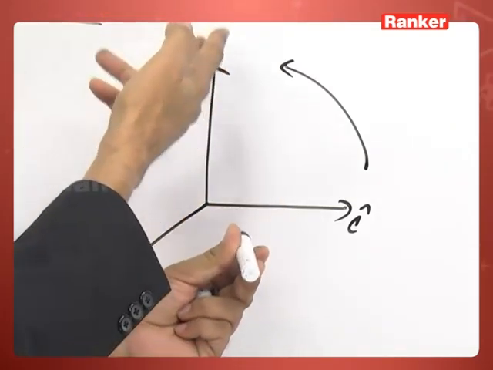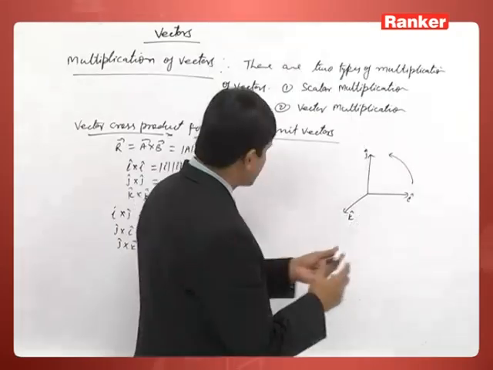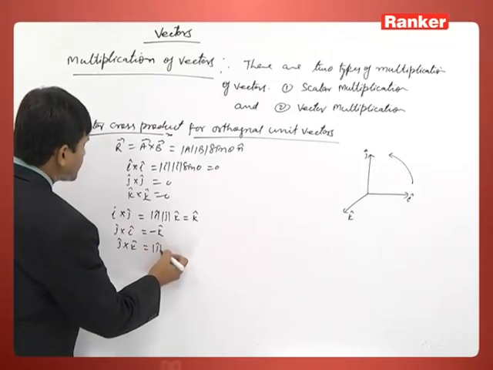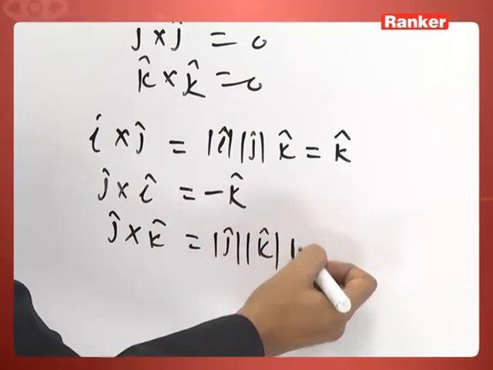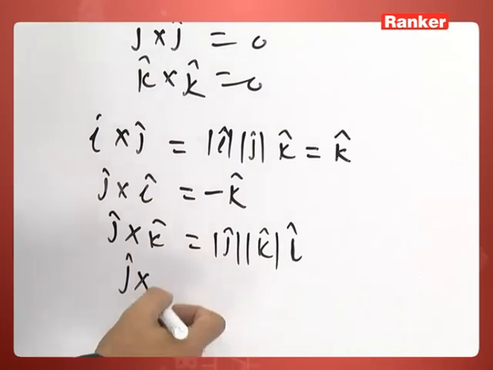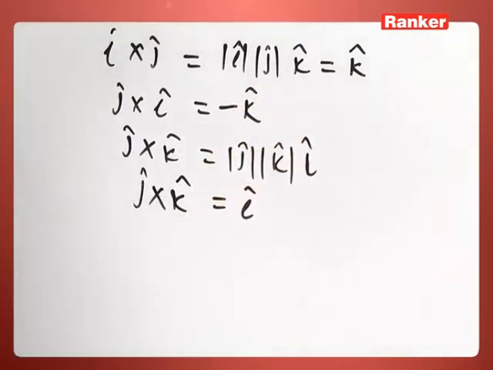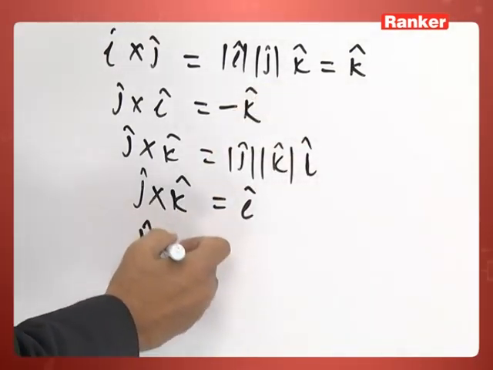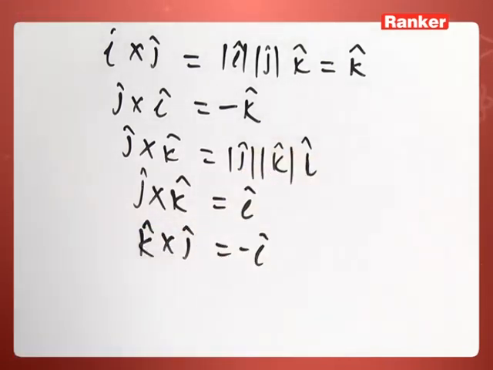If our finger goes from j to k, then the thumb comes towards i. So j cross k is mod of j, mod of k cap, and direction comes i cap. Finally we can say j cap cross k cap is equal to i cap. Reverse of that, k cap cross j cap is minus i cap.